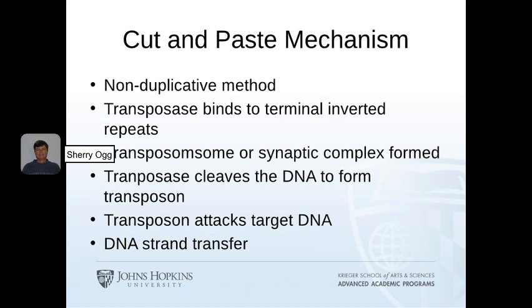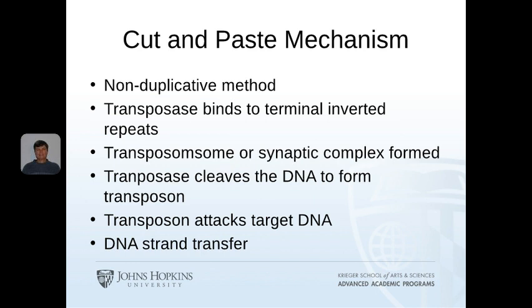Now we'll talk about the actual mechanism, which is the cut and paste mechanism. And this is a non-duplicative method where one DNA segment or transposon is moved to a new location in the DNA. The basic steps include transposase binding to the terminal inverted repeats of the transposon element.